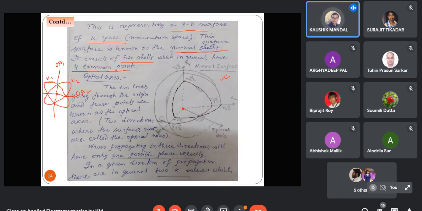If you consider the overlapping of the two non-symmetric shells, there will be at least 4 crossover points or common points. In that particular figure, this is the crossover point of the two shells. As we are considering from one side, on the other side there is another crossover point. If you draw a line that passes through the 2 crossover points and the center of the shell, that will represent the optical axis.